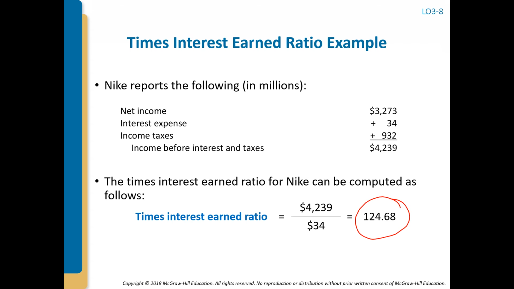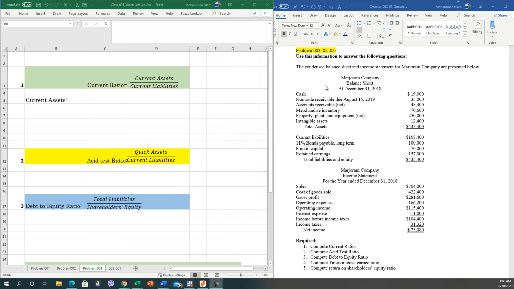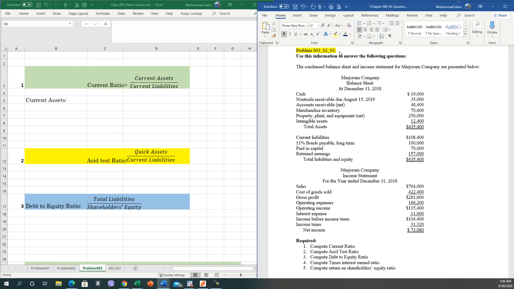Let's go to problem solving. Here we have problem set 2 from chapter 3, and this is problem number 3 of the problem set 2. You can see that's problem 3-2, meaning chapter 3 problem set 2, problem number 3.